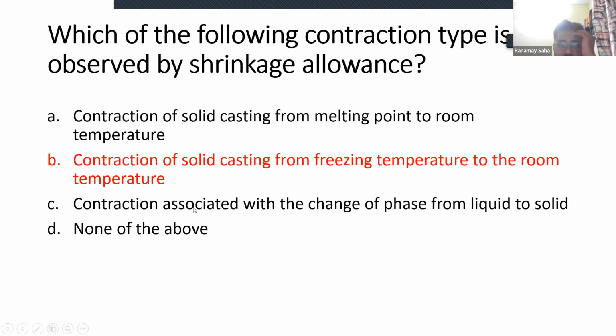These are really negligible compared to the contraction from freezing temperature to room temperature. So during designing, we take care of this particular contraction. This is called the solidification shrinkage.